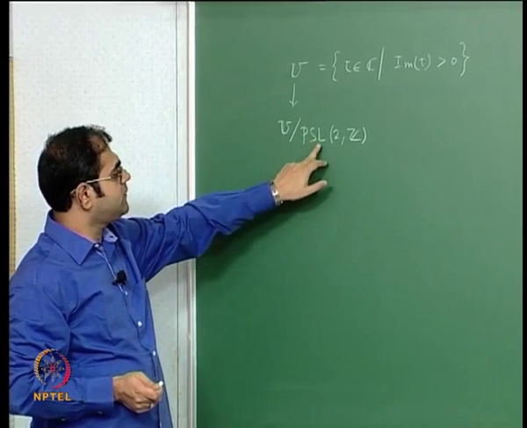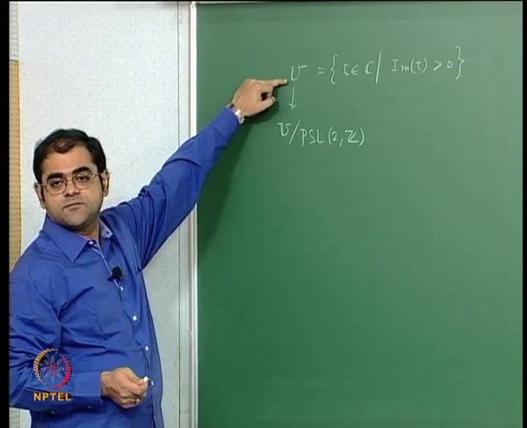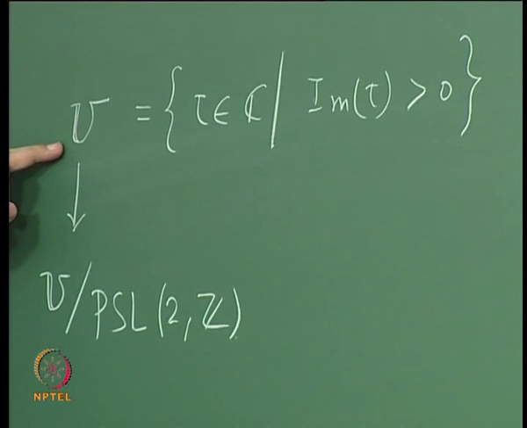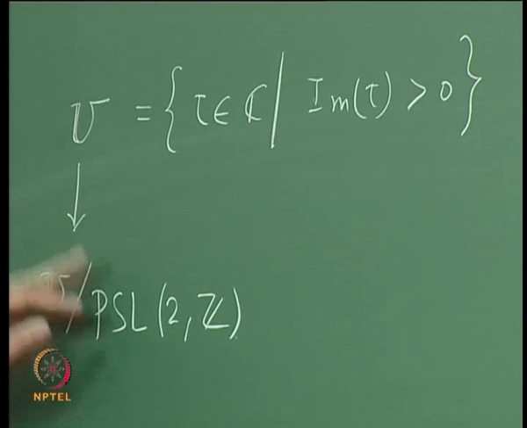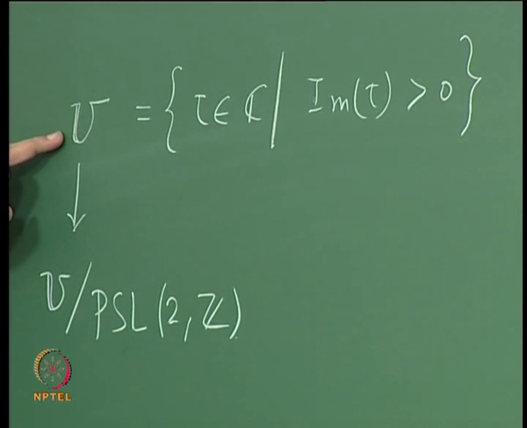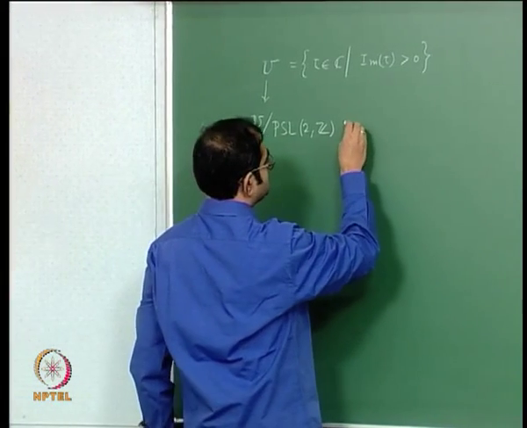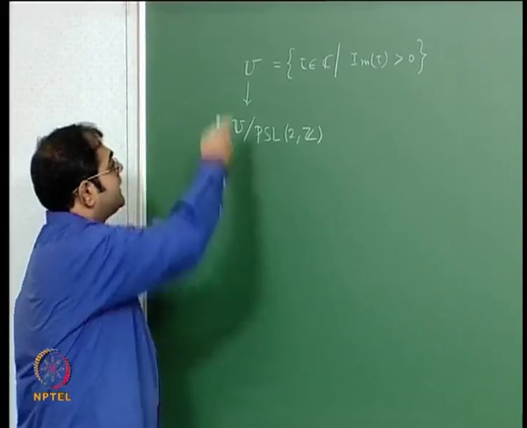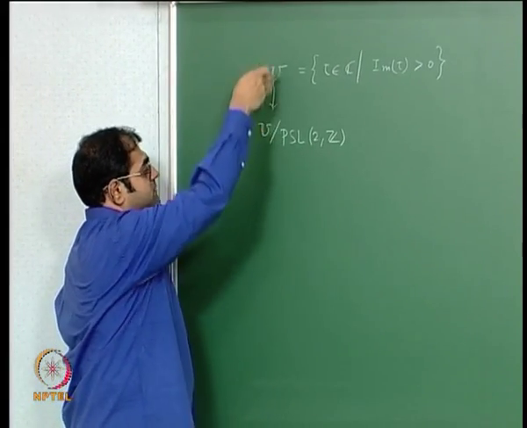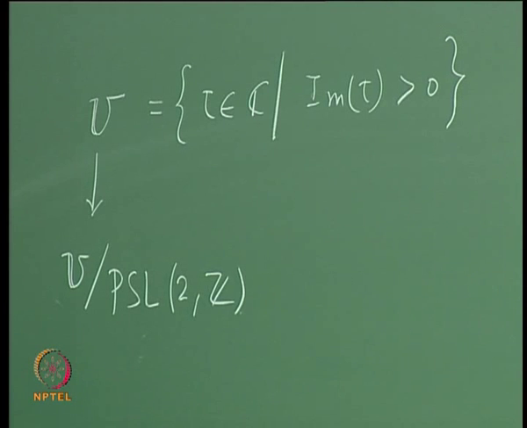It is in fact a subgroup of PSL2R, which is precisely the holomorphic automorphisms of the upper half plane. We have proved that this map is a map of Riemann surfaces.